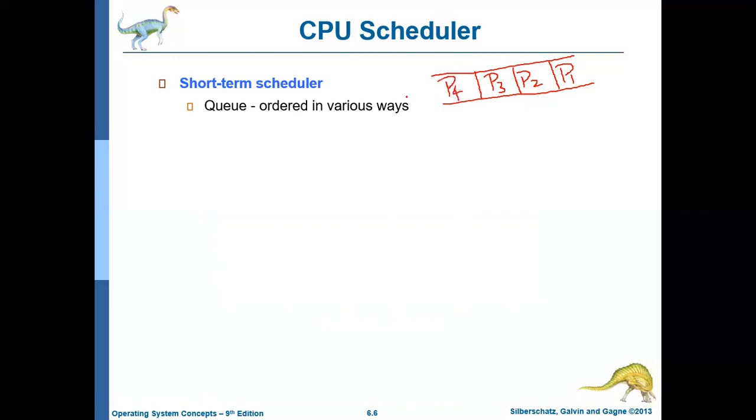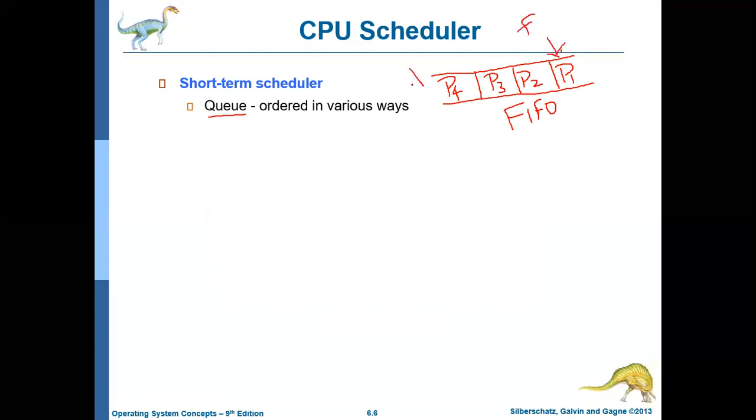So this queue can be of different types. It is not that this queue will always be a FIFO queue, FIFO in the sense first in first out. This is the front end of the queue, and this is the rear end of the queue.